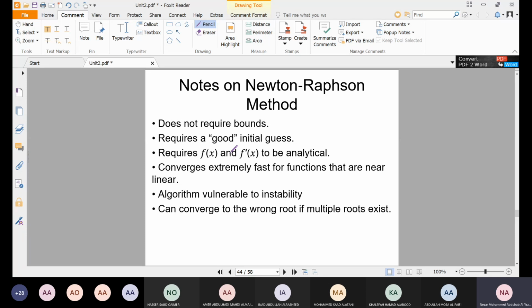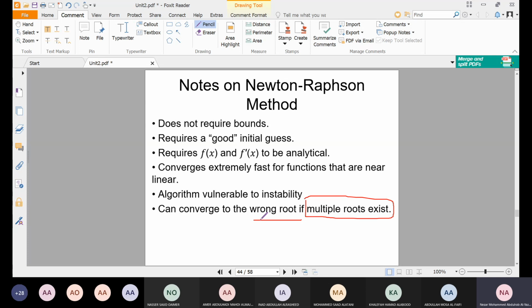We should have the first derivative of the function. This will converge extremely fast if we start near the correct root. Sometimes this method will converge to a wrong root if multiple roots exist. So another problem with the Newton method is that multiple roots exist.